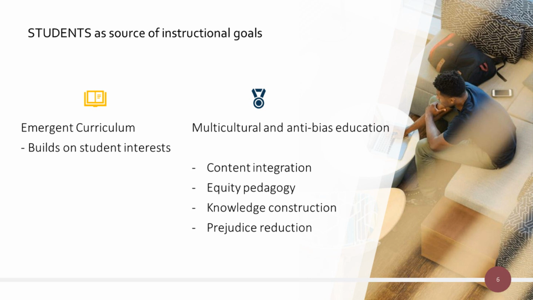Now, these suggestions vary in detail, but can be organized into two broad categories. First, an emergent curriculum, and second, multicultural and anti-bias curriculum. An emergent curriculum is one that explicitly builds on interests expressed by students rather than goals set by curriculum writers, curriculum documents, or teachers.